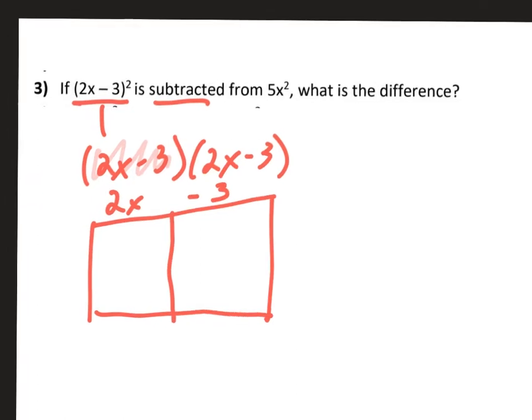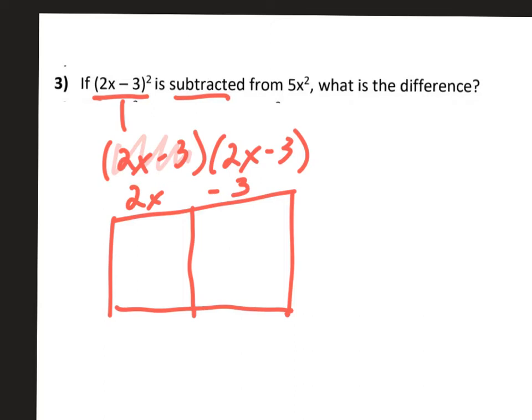Okay, so for the left-hand side of my box, I'm actually going to put the second expression, which turns out is the same, but write it going down. 2x minus 3, once again, draw that line to separate those terms. Now all I want to do is multiply the sides of my boxes together. So I have 2x times 2x, which is 4x squared.